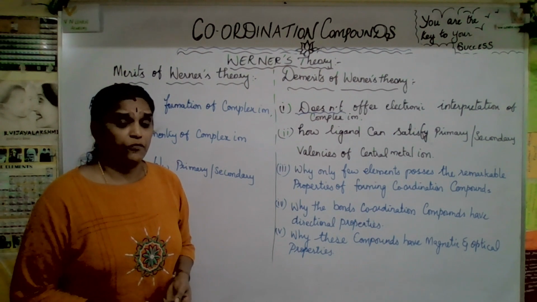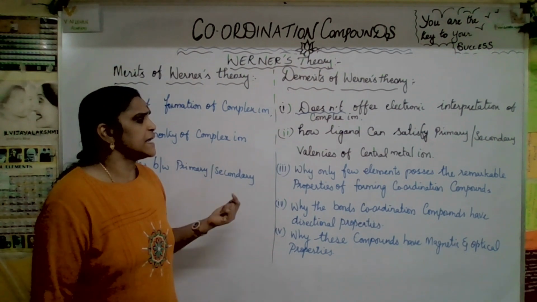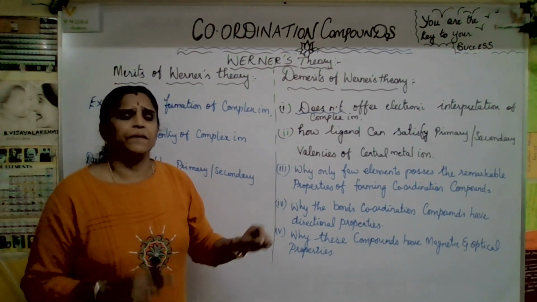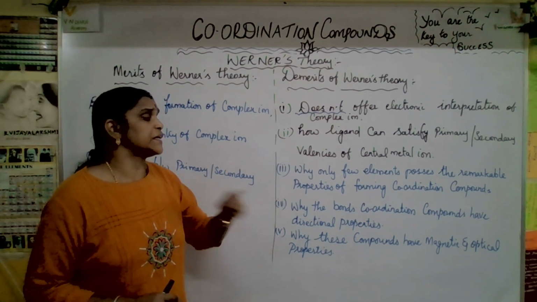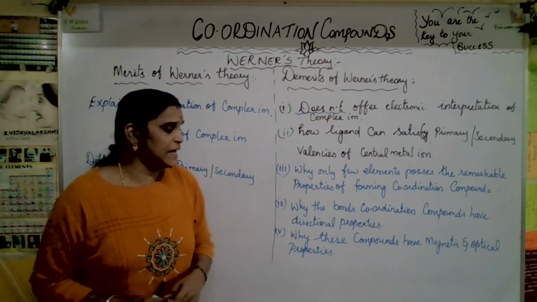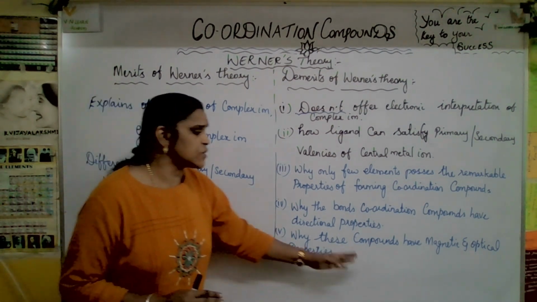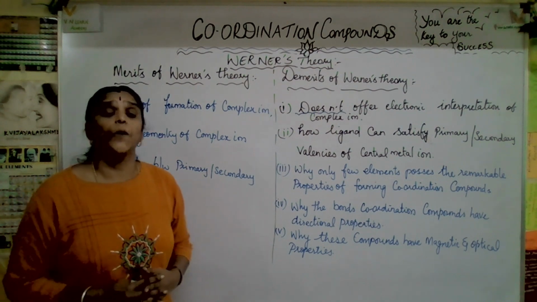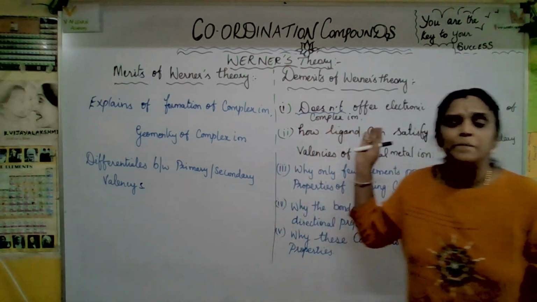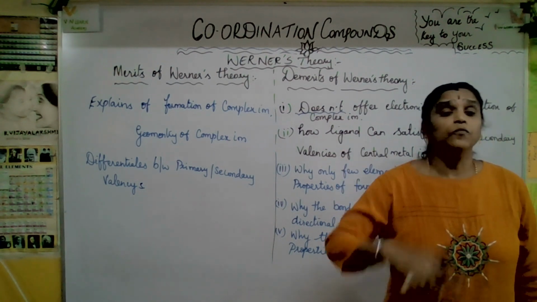Electronic configuration we could not provide very clearly, and how ligand can satisfy primary and secondary valencies of central metal ion, and why only a few elements possess the remarkable property of forming coordination compounds, and why the bonds of coordination compounds have directional property, and the last one, why these compounds have magnetic and optical property. These questions could not be answered by Werner's theory, so these are all answerable in VBT theory.